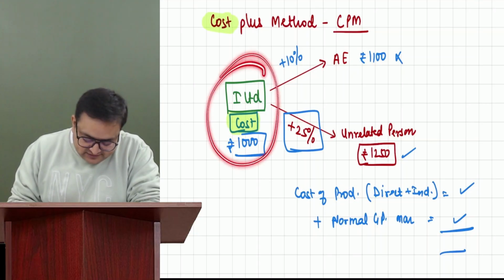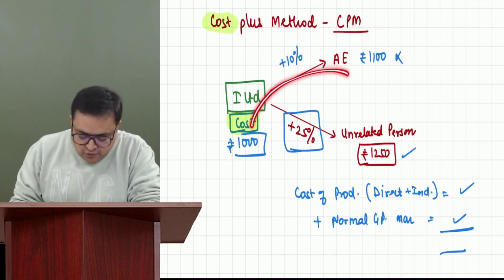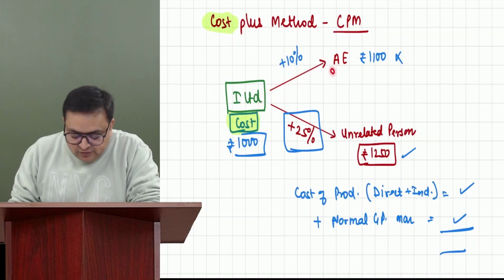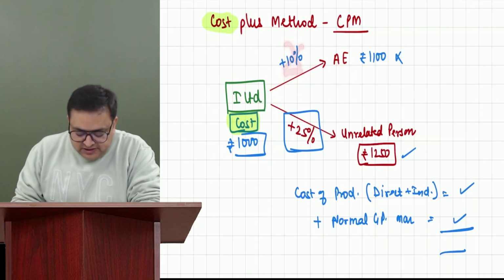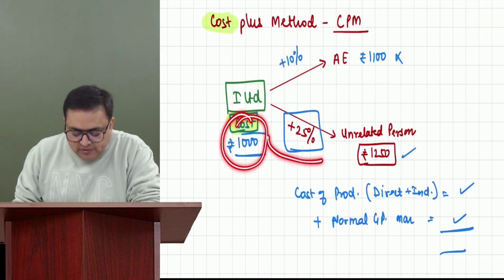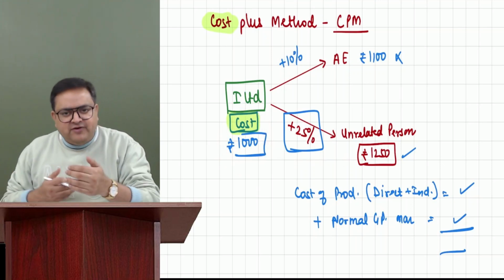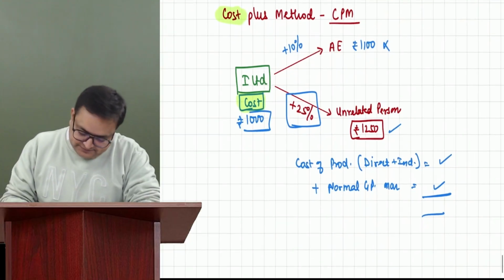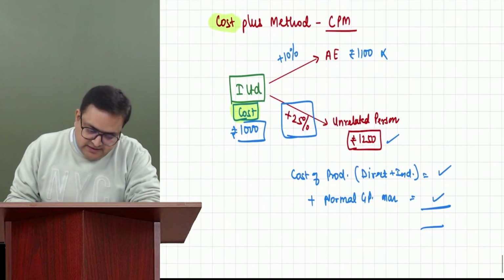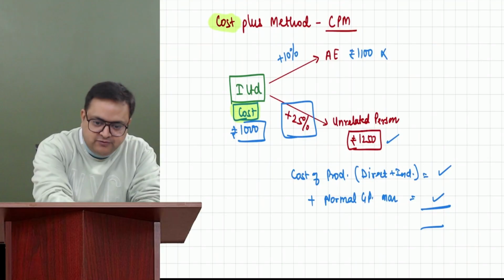See, the name itself is saying start with your cost. Start with your cost and see to whom you are selling it. If you are selling it to associated enterprises, obviously this profit is not a correct profit. So generally, to your cost, add your normal profit, and if there are any functional differences, please adjust your profits with that. Okay. Again, with the help of an example, I'll show you how we'll be doing it.